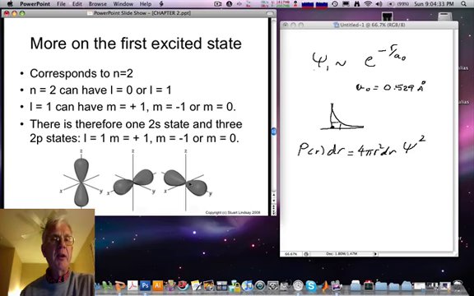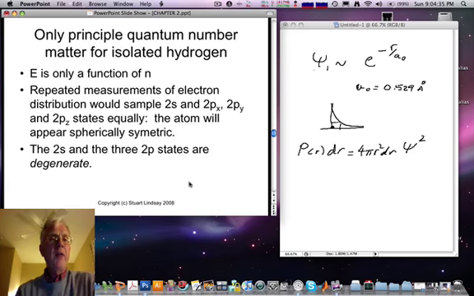In a true spherical potential, in fact, all the states do look equally distributed in probability, and the 2s and 2p states, 2 referring to the principal quantum number, the s referring to the fact that L is 0, p referring to the fact that L is 1, are degenerate in energy and, when measured repeatedly, symmetrically distributed.